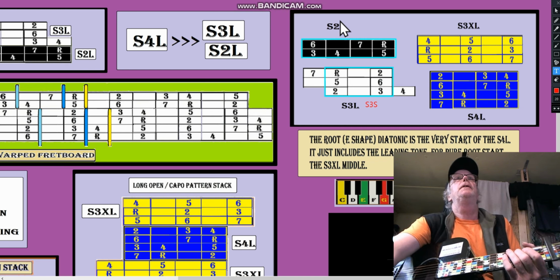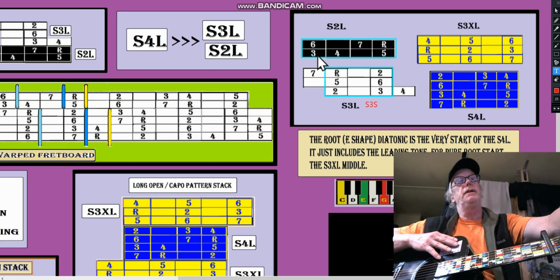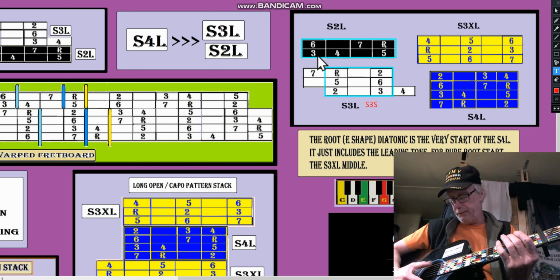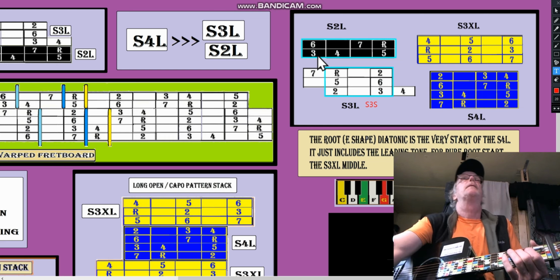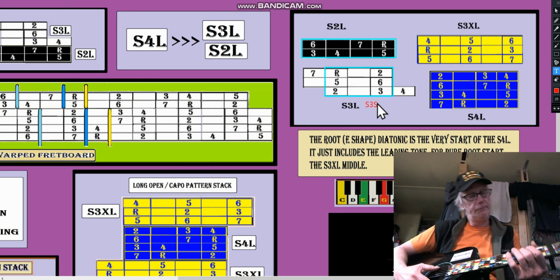The pentatonic scale for the C starts on 3, because your lowest E note is the 3rd in the key of C. C goes C, D, E. So we go 3, 5, 6, root, 7, root. That's the bottom part of the pentatonic C scale, and then you put on top of it this S3S.